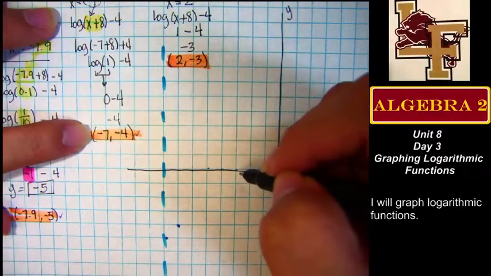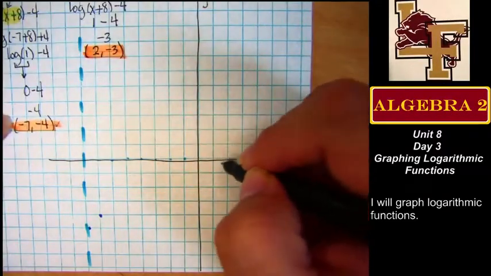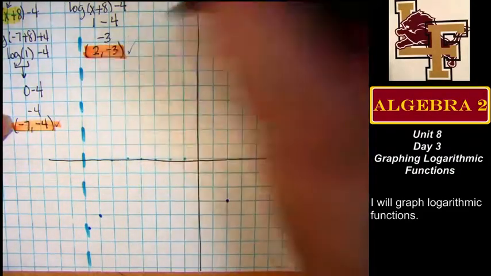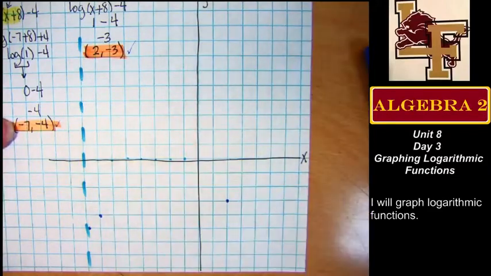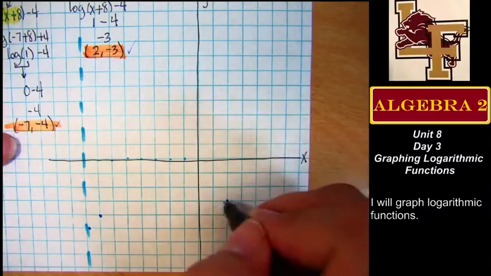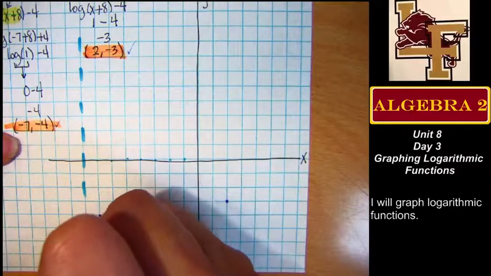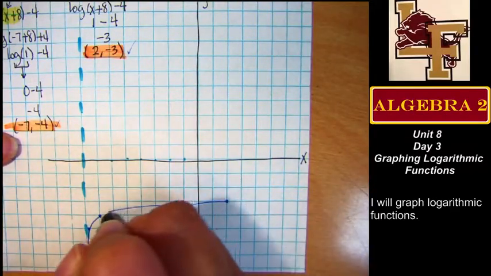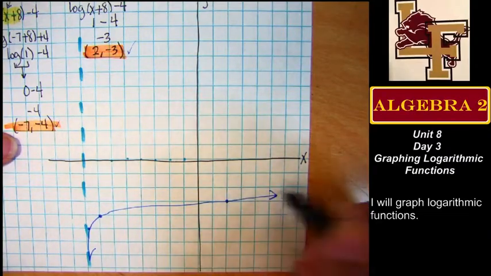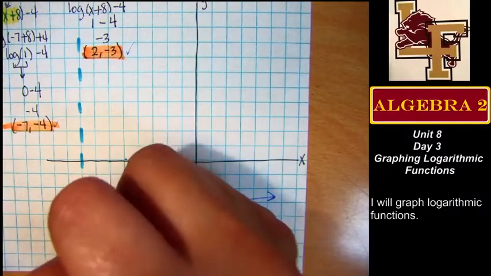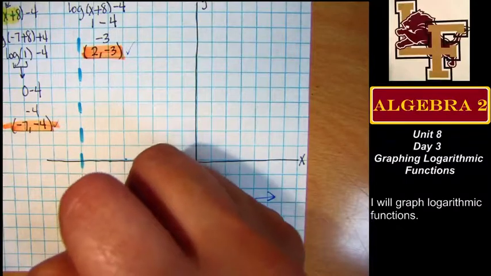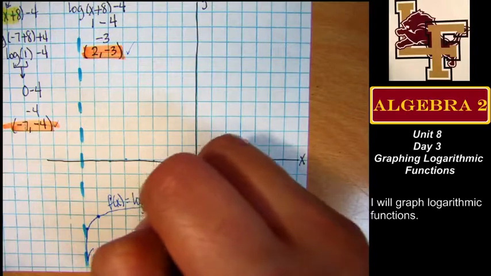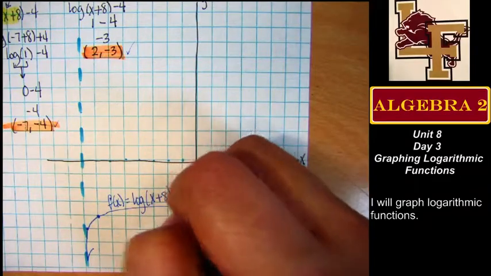And at +2, I'm at -3. 1, 2, 3. All right, so then my graph goes something like this. And this is f of x equals log of x plus 8, all that minus 4.